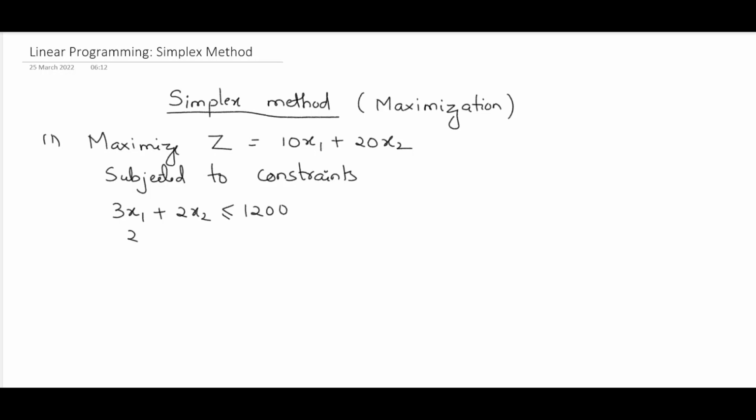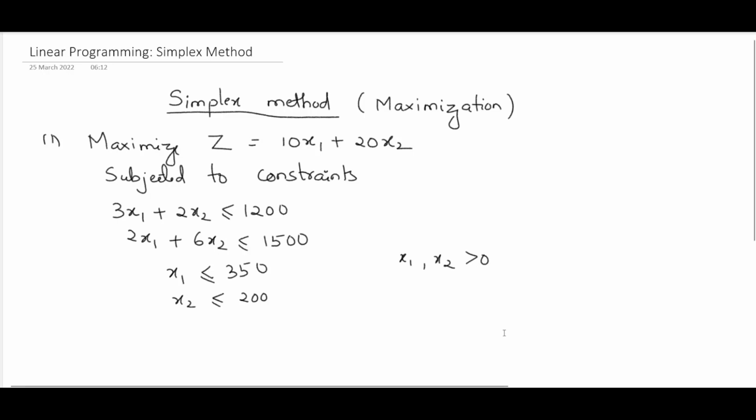Then another constraint is 2x1 plus 6x2 less than equal to 1500, where x1 is less than equal to 350 and x2 is less than equal to 200. So we are having four constraints, and where x1 and x2 are greater than 0. So this is the problem given to us.